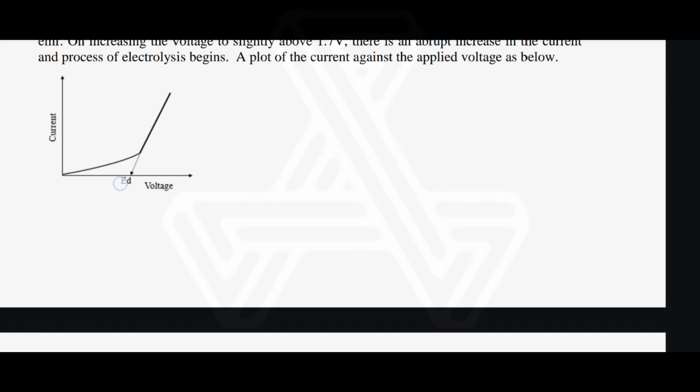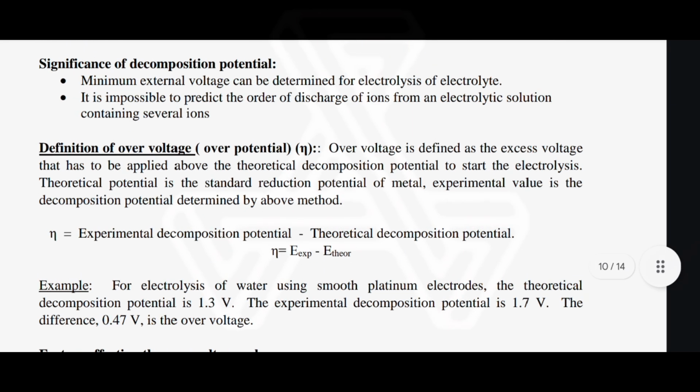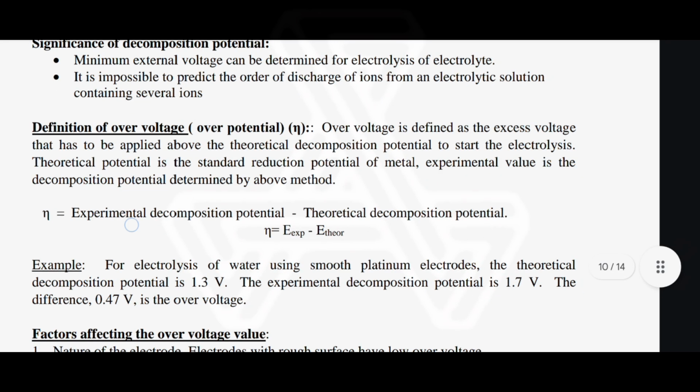A plot of the current against the applied voltage is as below. Significance of decomposition potential: minimum external voltage can be determined for the electrolysis of an electrolyte. It is impossible to predict the order of discharge of ions from an electrolytic solution containing several ions.